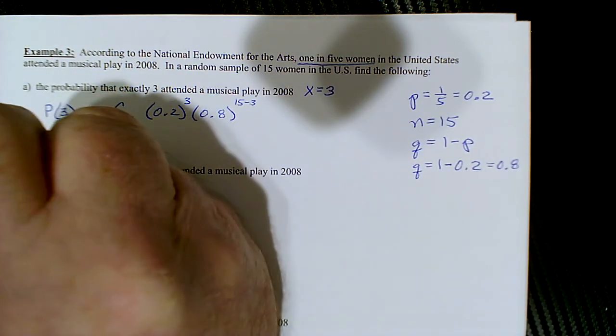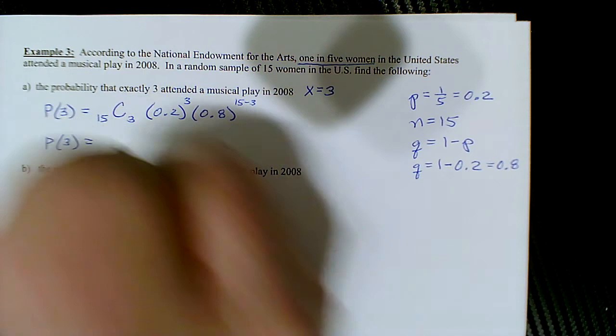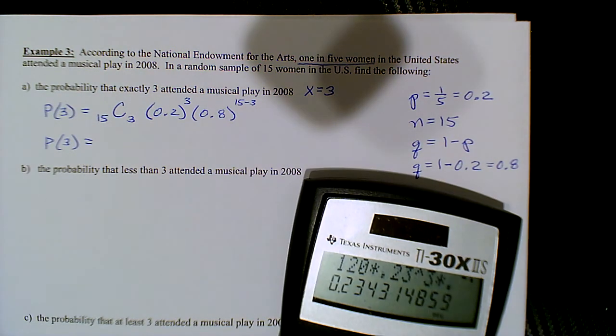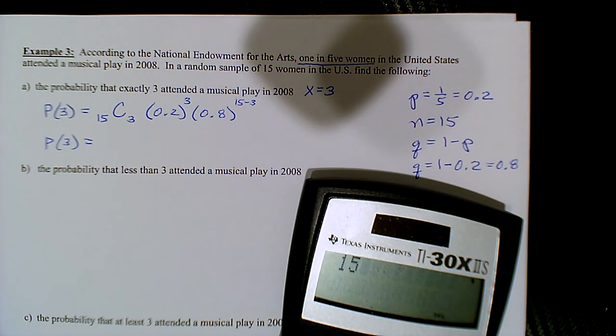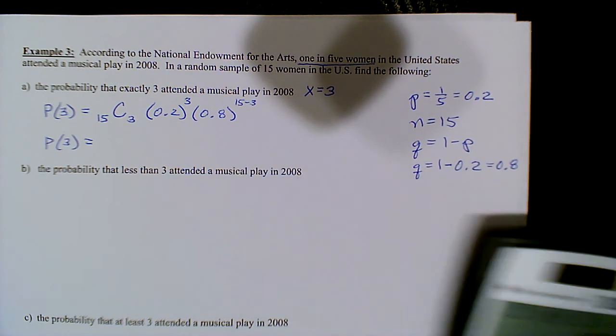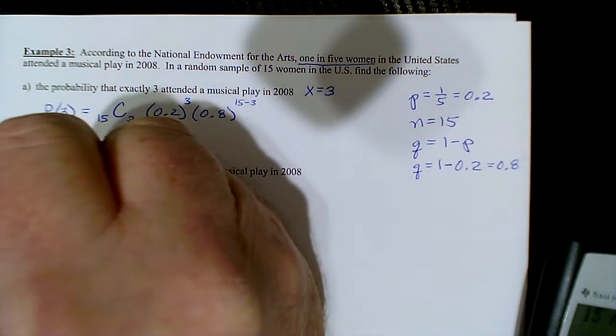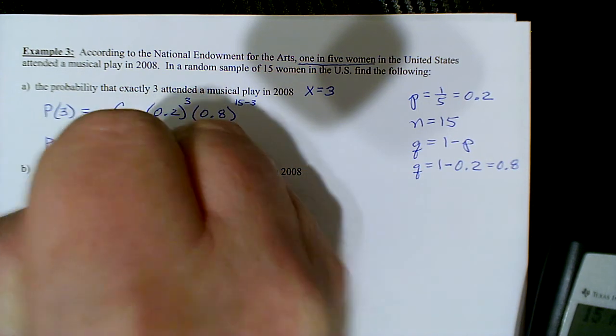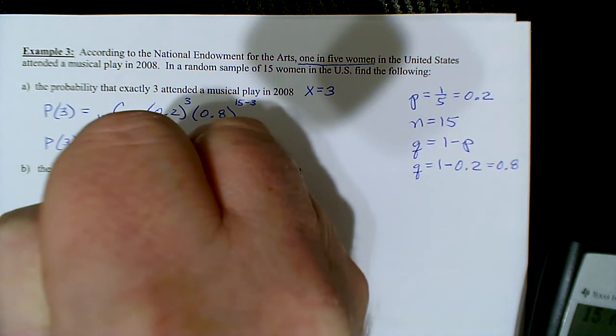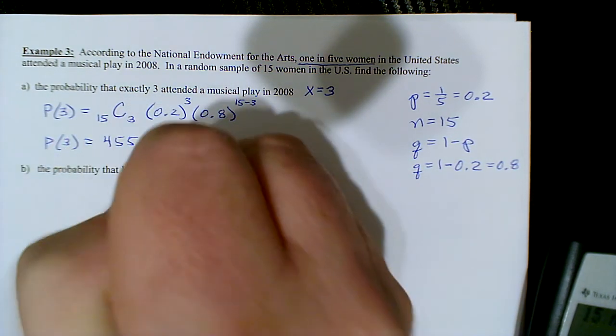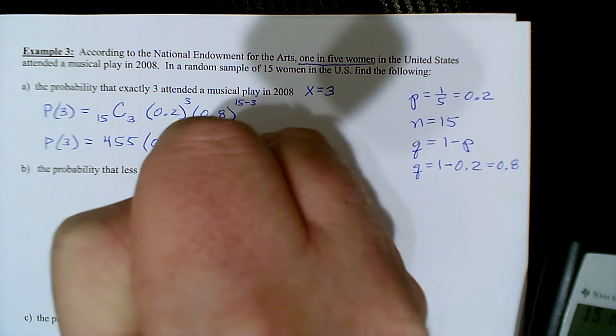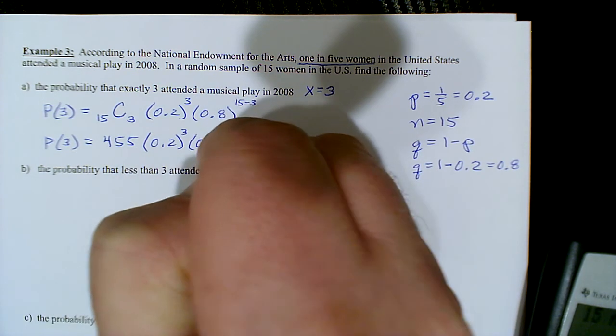So P of 3 is equal to, and I'm going to do the 15 choose 3 separately again, and I get 455, and that's times 0.2 to the third, times 0.8 to the 12th.